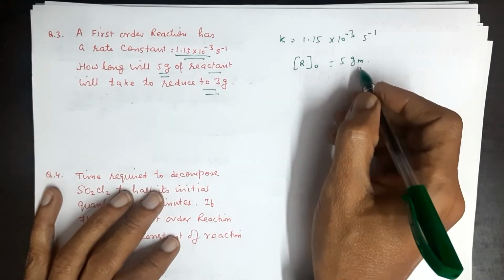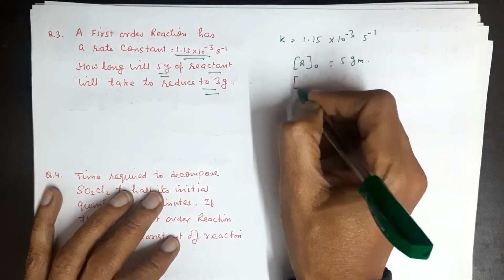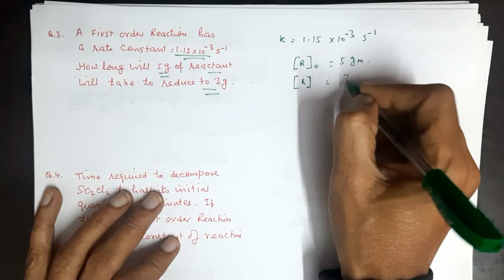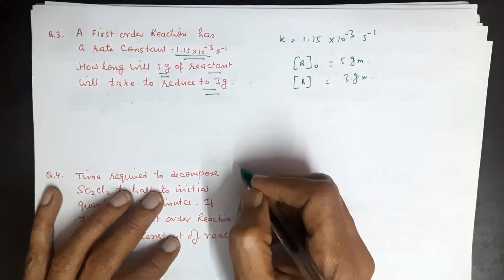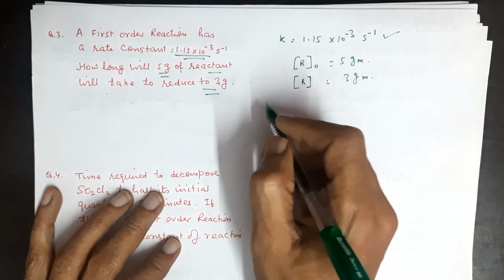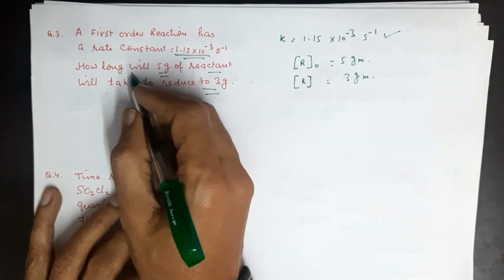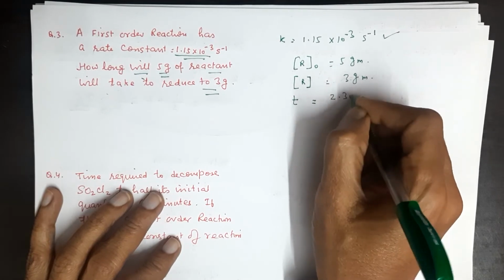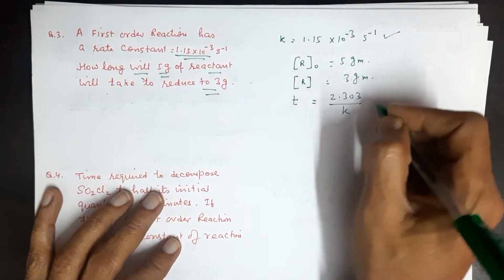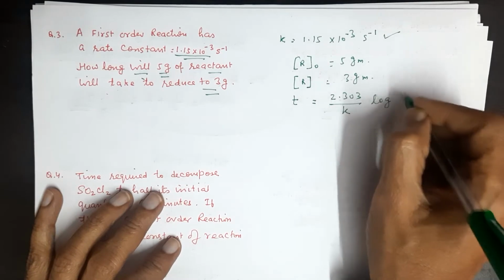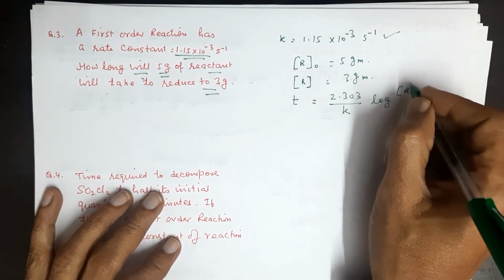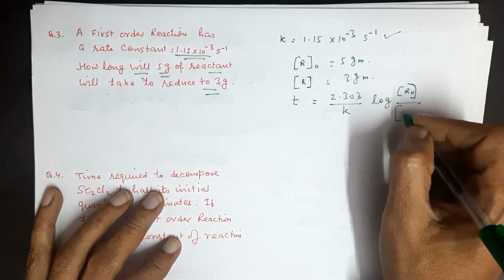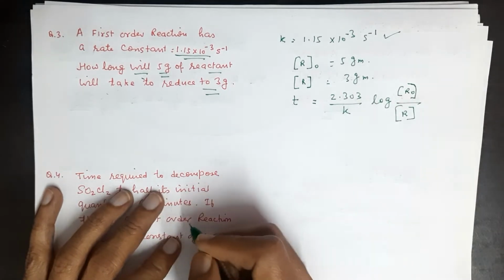So initial concentration is 5 gram and final concentration is 3 gram. K is given, then we have to calculate T. So T is given by the formula 2.303 over K, log of R naught, initial concentration, over final concentration.